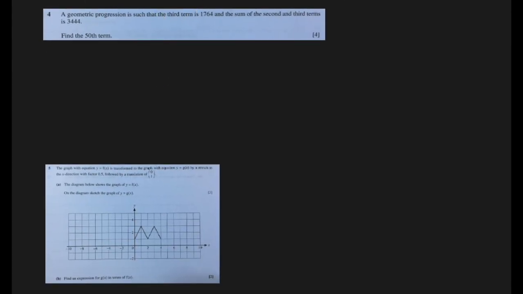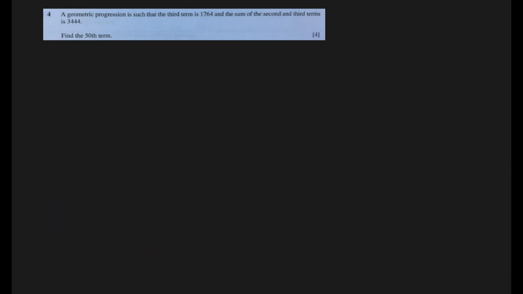Question number 4 says a GP, now this time GP, is such that the third term is 1764. For a GP, A3 is 1764. And the sum of the second and third term, sum of A2 and A3 is 3444.